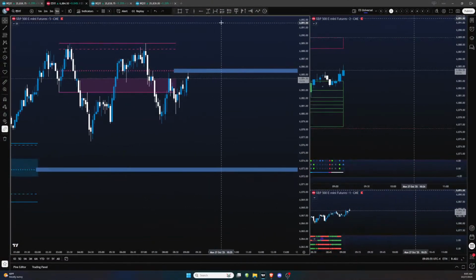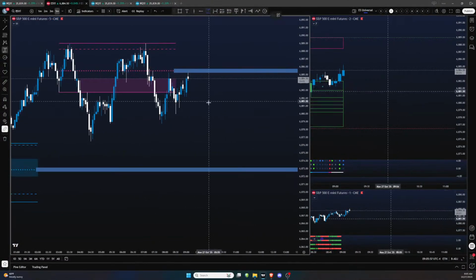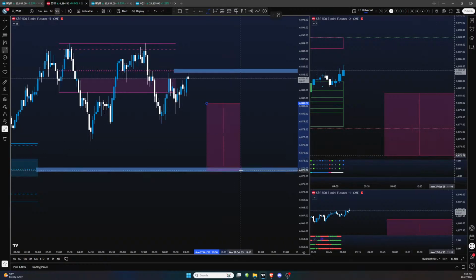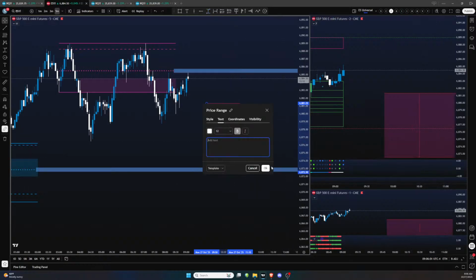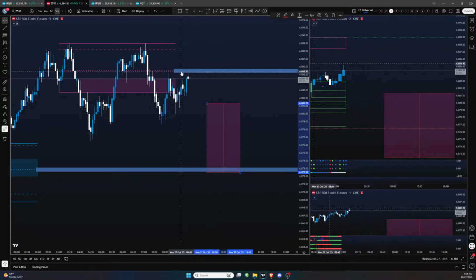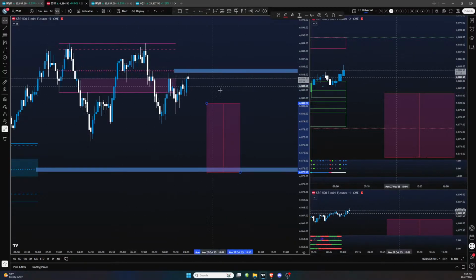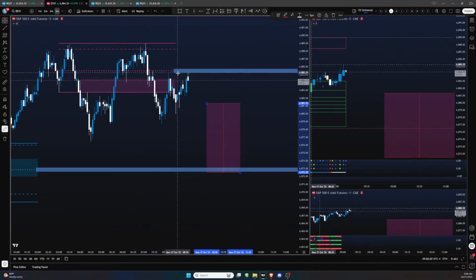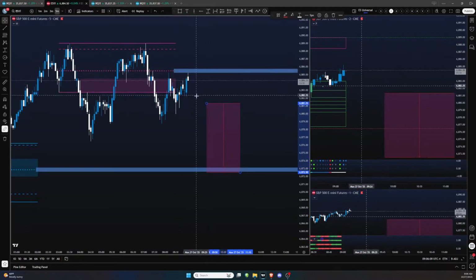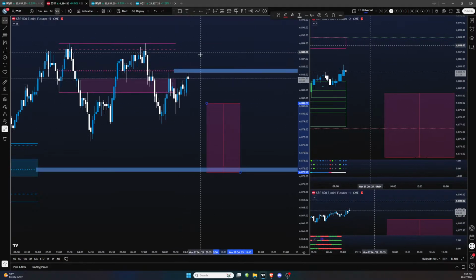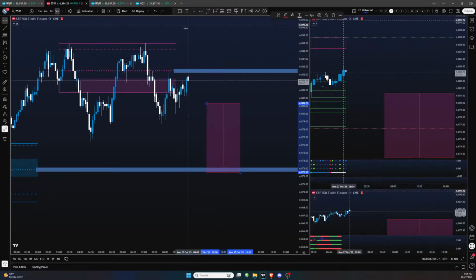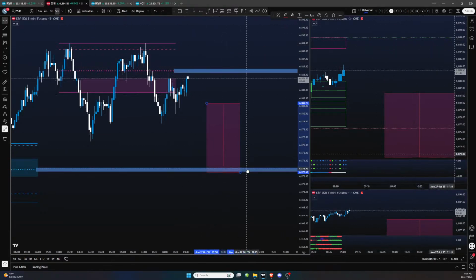Okay, so what will happen is we will have a formation that will look something like this. So we're expecting, without looking at any other data, price to drop. So we're looking for shorts. We're not looking for it to come up into this area at all. We're just looking for shorts. Okay.